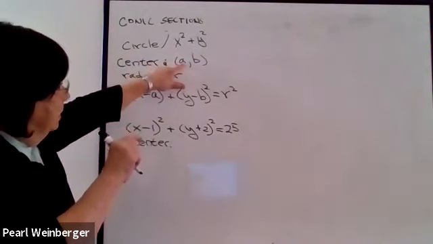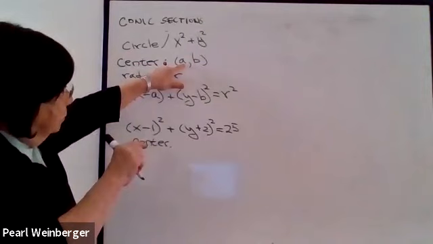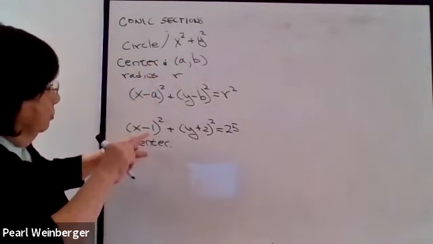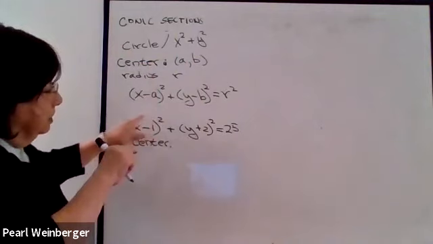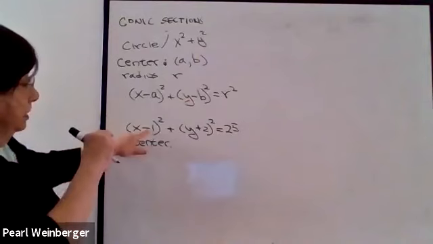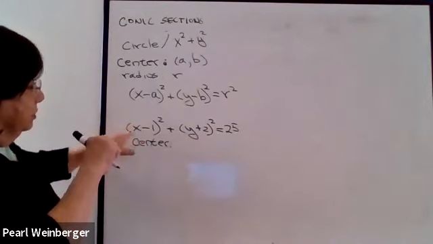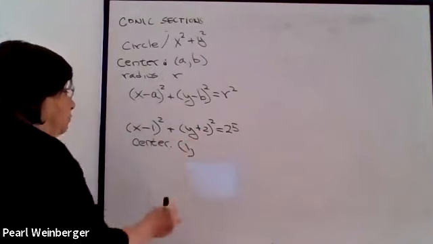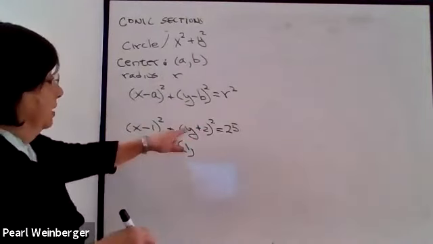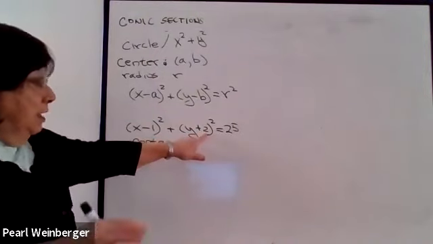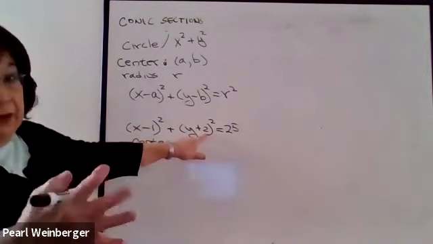Notice this number and this number are opposite signs. In other words, when you want to find the center of the circle, for the x, you look at the number that's inside the parentheses with the x and change its sign. It's going to be a positive 1. And to find the y value, you look at that number inside there. Again, if there's no number there, it means it's 0.